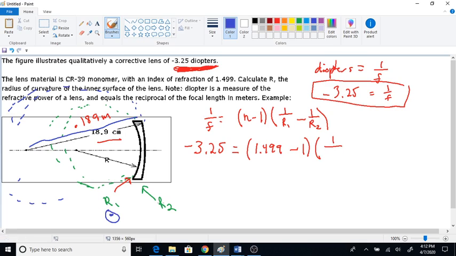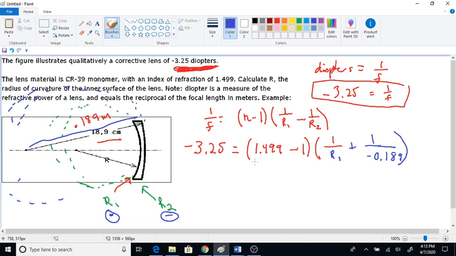And R2, this way, is also considered to be negative. So the sign there is negative. So we have 1 over R1 plus 1 over R2, which is negative 0.189. There's our formula, and we just have to solve.